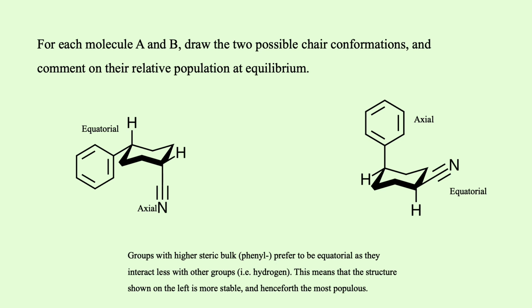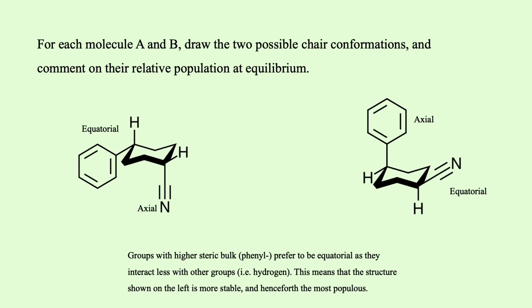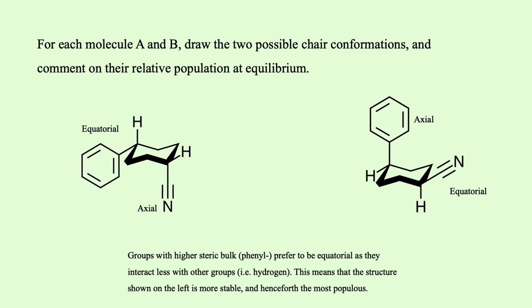And this means that the structure shown on the left is more stable, and hence is more populous, so the equilibrium will go more to the right. And this is the reverse symbol, and it would be pointing further to the left than on the right.